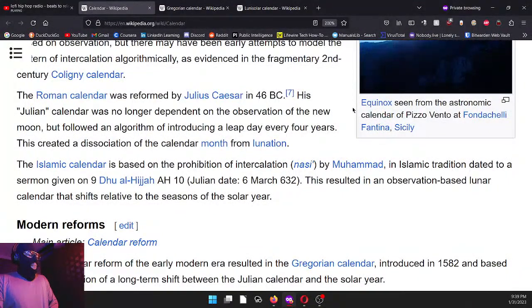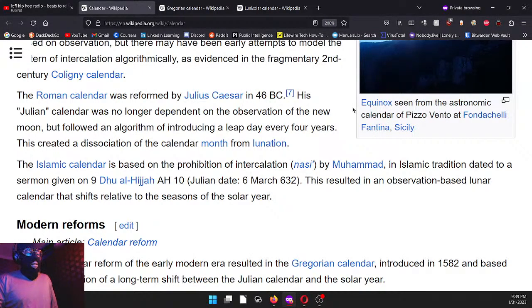The Roman calendar was reformed by Julius Caesar in 46 BC. His Julian calendar was no longer dependent on the observation of the new moon, but followed an algorithm of introducing a leap day every 4 years. This created the association of the calendar month and the month from lunation.